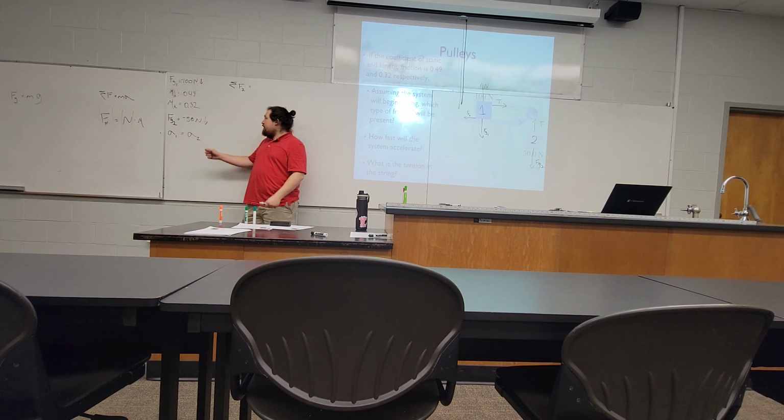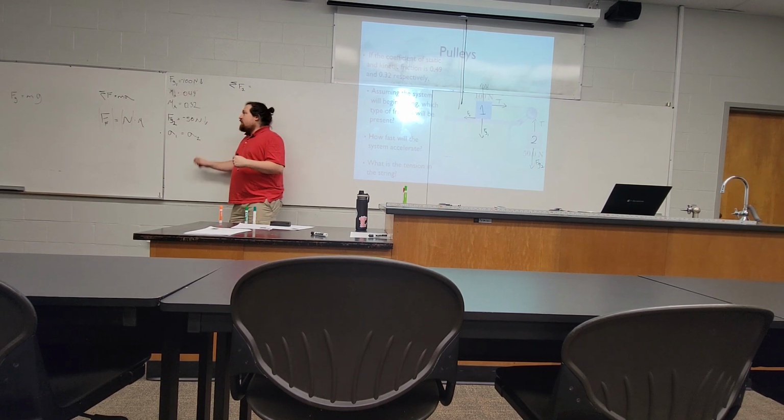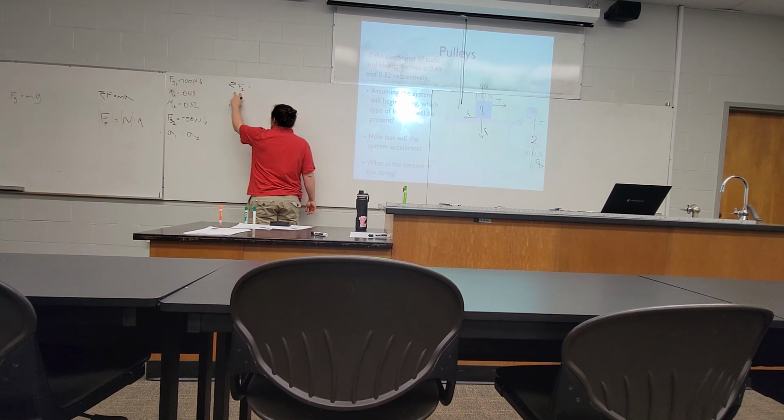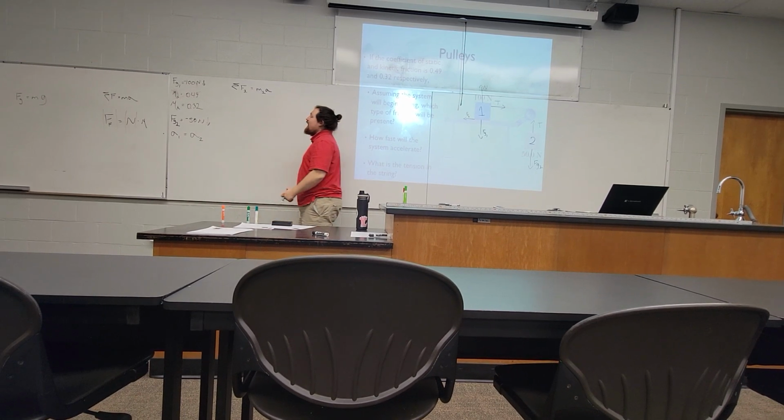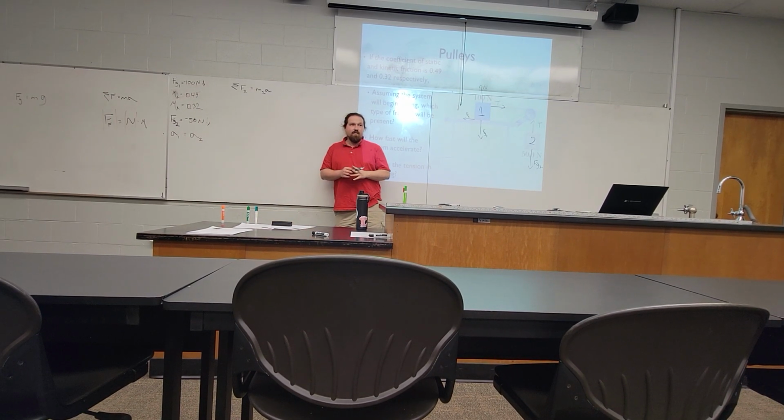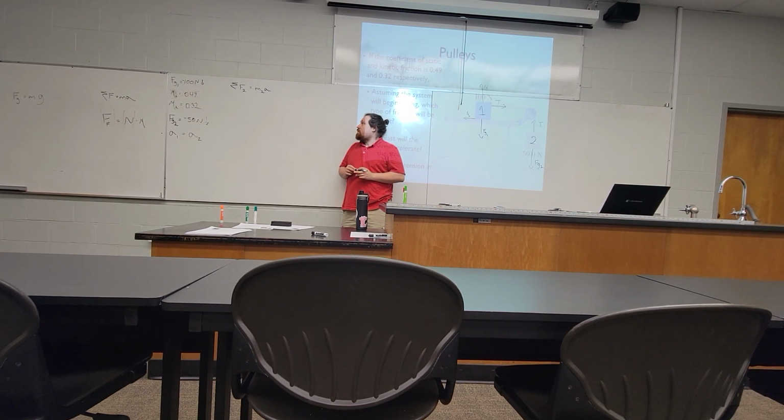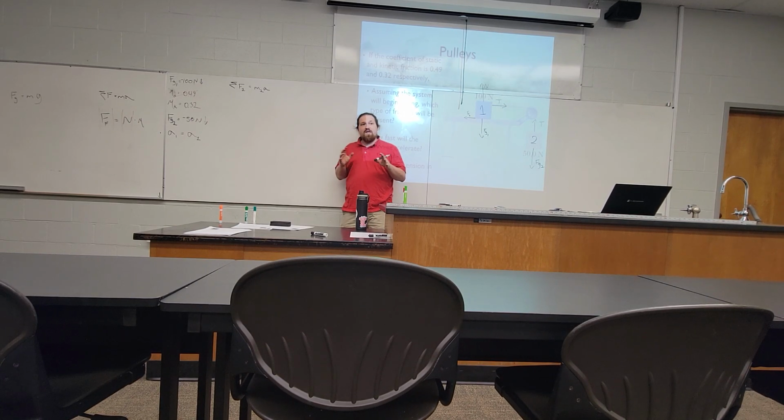And we've already determined that the two boxes will accelerate together at the same rate. So, whatever the value of net force is on box 2, it's going to add up to equal mass 2 times the net acceleration of the system. So whatever net force is, it will be equal to box 2's mass times its resulting acceleration.